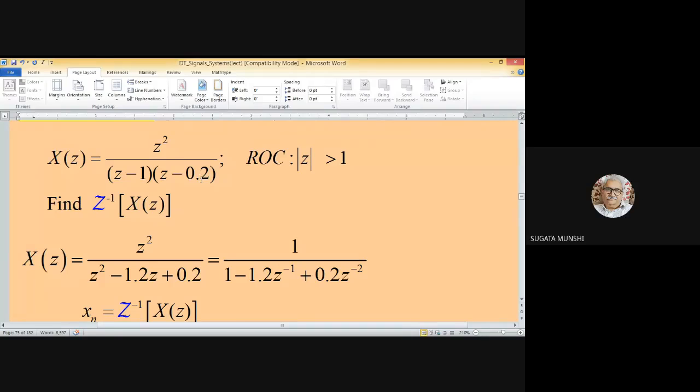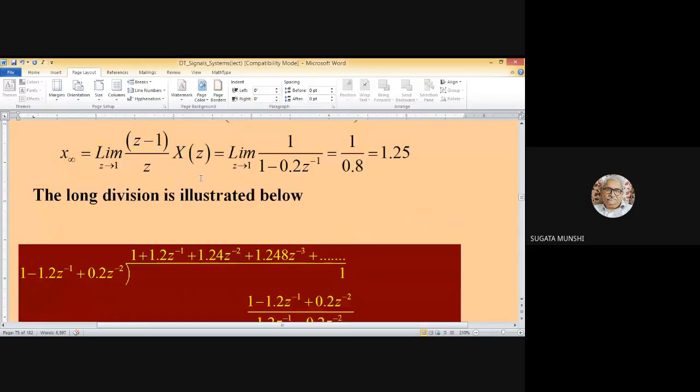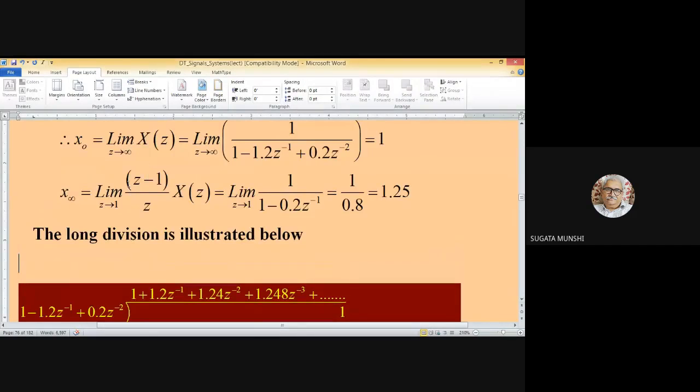You have multiplied it with Z minus 1. Just see here that it's Z minus 1 by Z, meaning its limit Z tending to 1. If you introduce this limit, Z will become 1. So XZ has to be multiplied with Z minus 1.